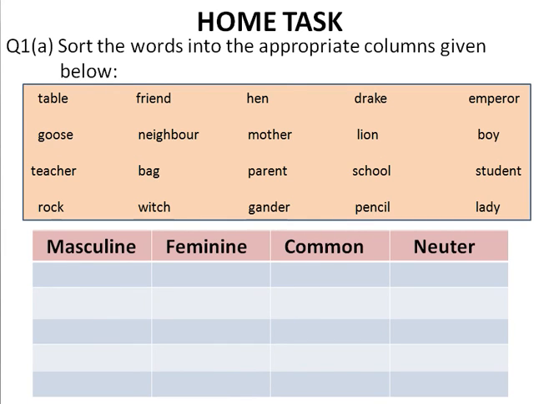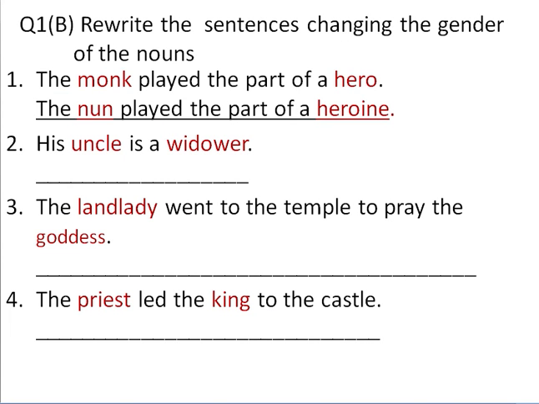Now I will read the home task. Your home task is question 1, part A. Sort the words into the appropriate columns given below. You have to sort these words into the appropriate columns: masculine, feminine, common, and neuter gender. Question 1b.